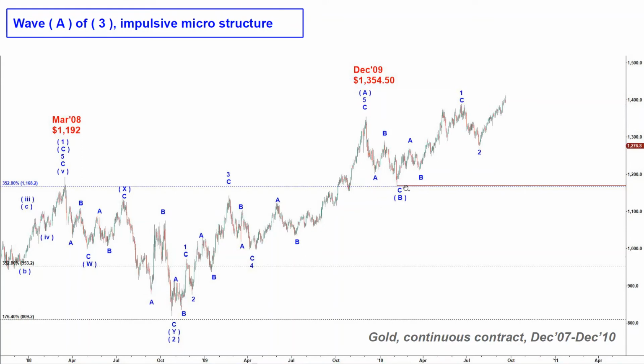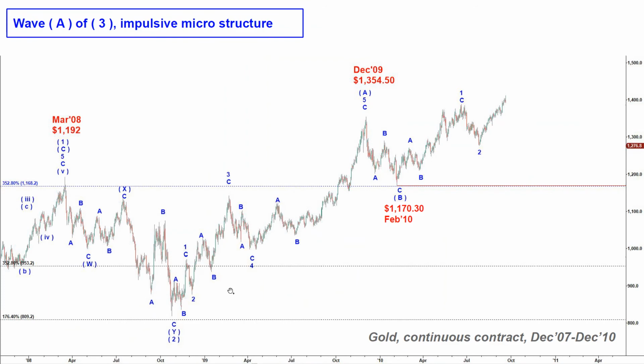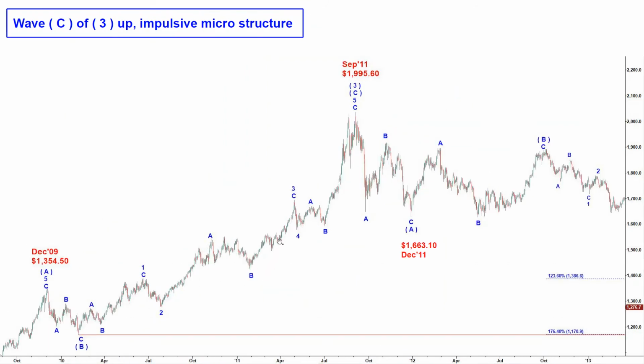So off that critically important low, we got ABC of wave 1, we got corrective wave 2, and at this point we are here, and we should get a bigger rally to complete the strongest part of the rally, wave parenthesis 3, C of 3, and ABC of 1, A up, B down, C up.